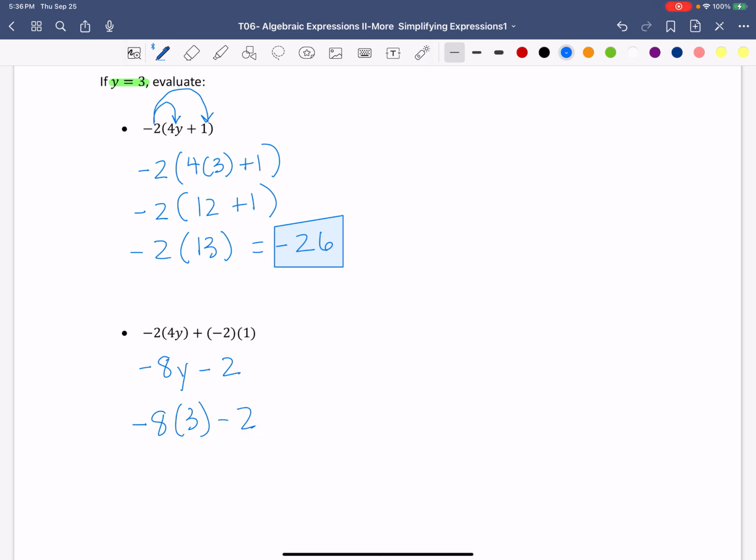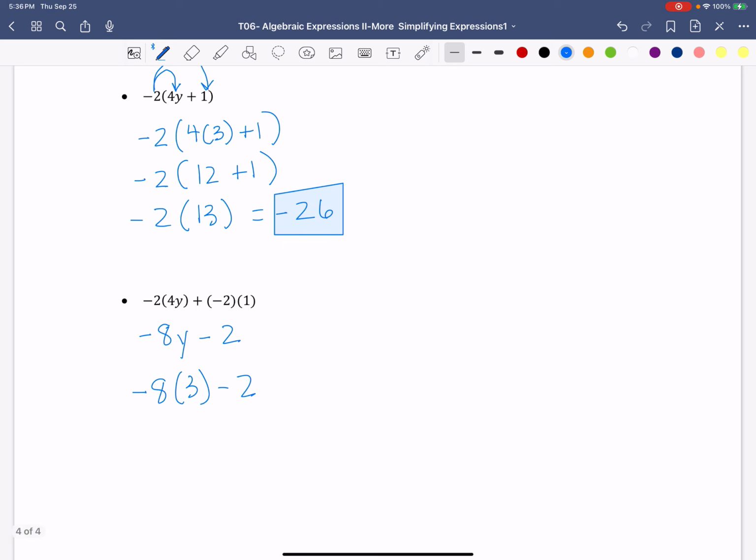So then what we have, negative 8 times 3 gives us negative 28. Sorry, my bad. Negative 24, and then minus 2, and then we bring that all together, and that becomes negative 26. So either way, you're still getting the same answer.